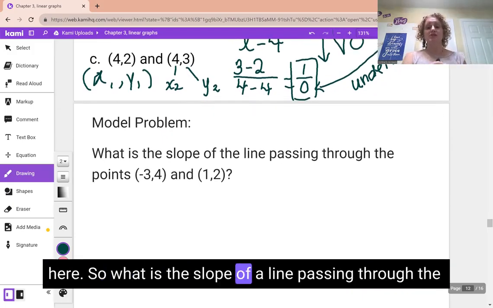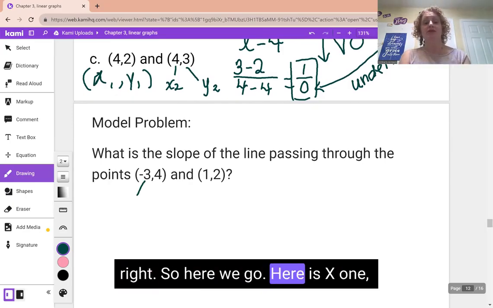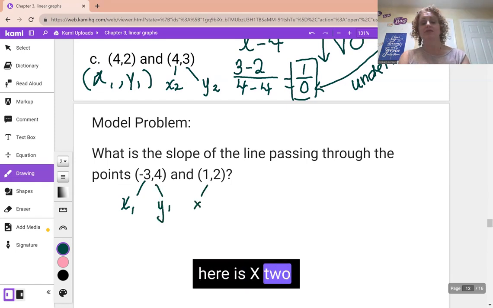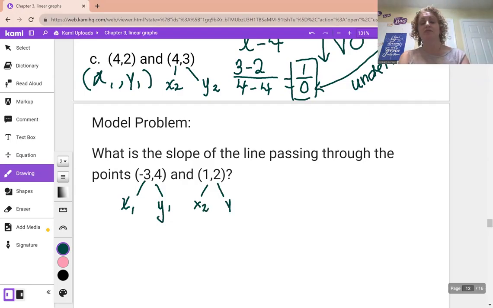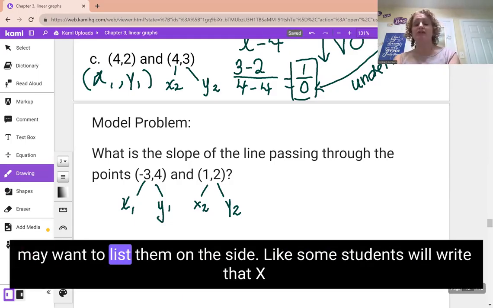What is the slope of the line passing through the points -3, 4, and 1, 2? All right, so here we go. Here's x1, y1. Here's x2, y2. For some students, you may want to list them on the side.